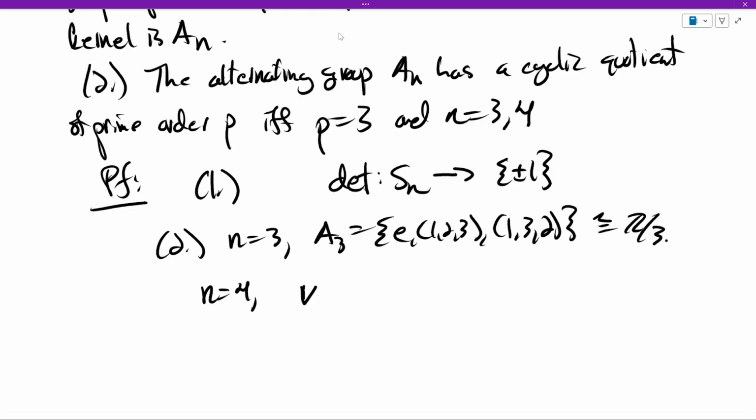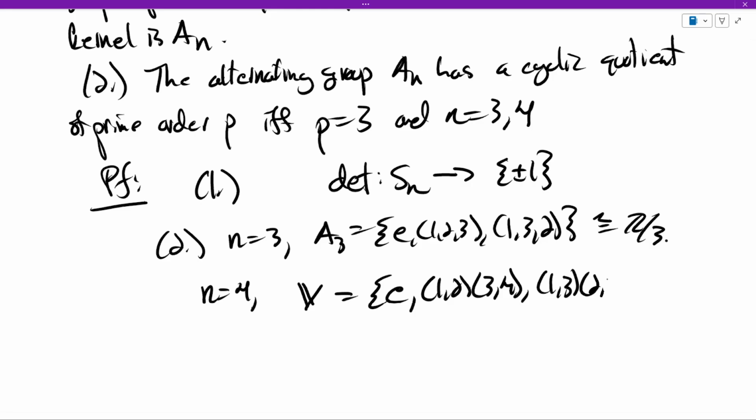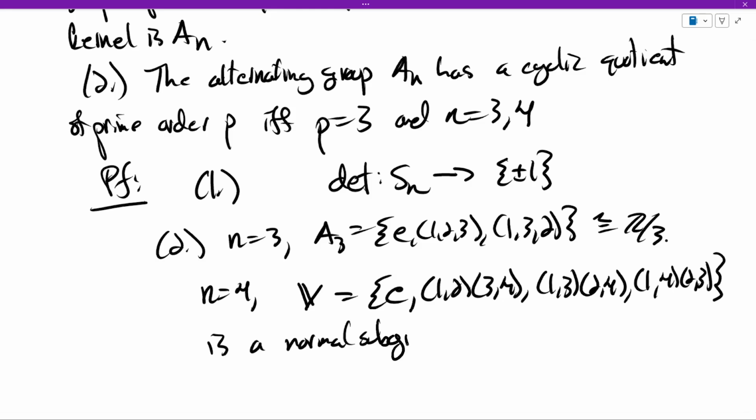Yeah. So I'm going to follow the book's notation to call this group V, which is the subgroup generated by the products of disjoint transpositions, transpositions that don't share any numbers. So this subgroup is a normal subgroup of A4 called the Klein-4 group.